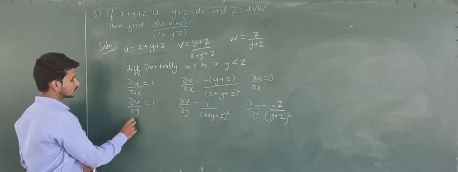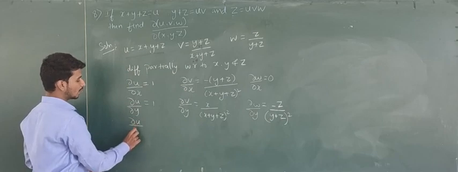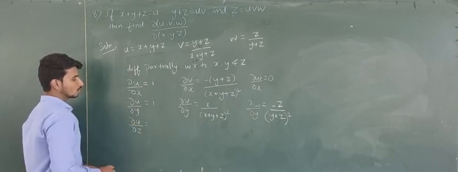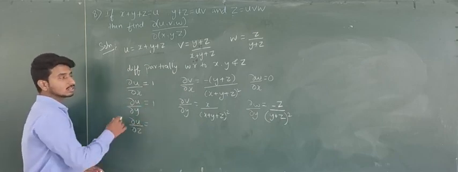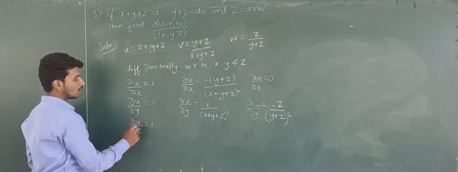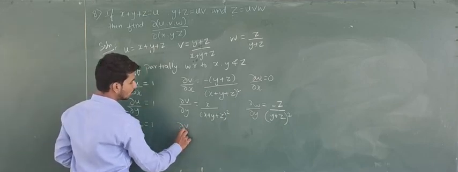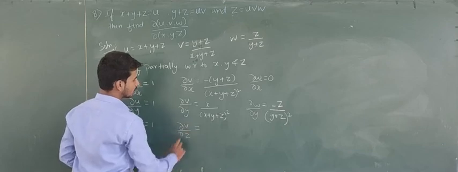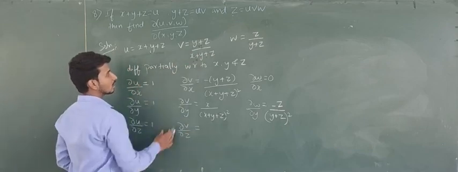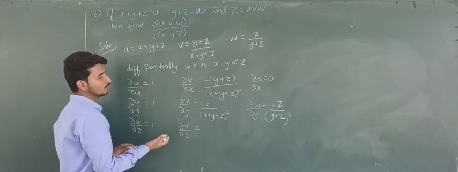Next we have to differentiate with respect to z, that is dou u by dou z equal to, differentiate this function with respect to z, that is 1. Next dou v by dou z. Now here also we will apply quotient rule.